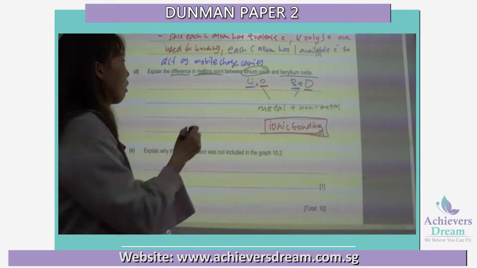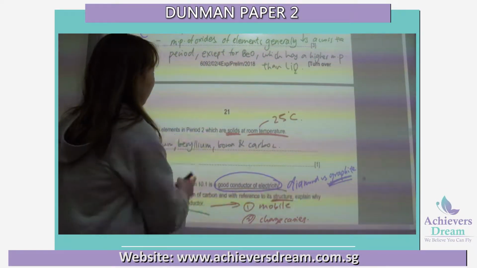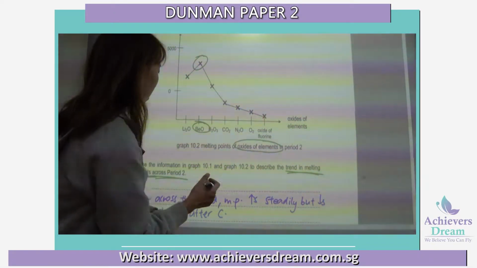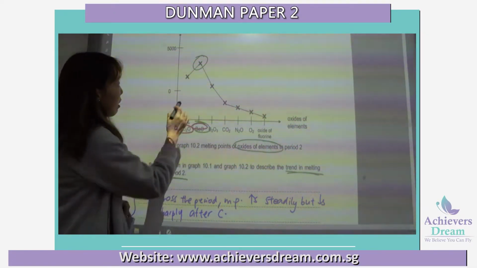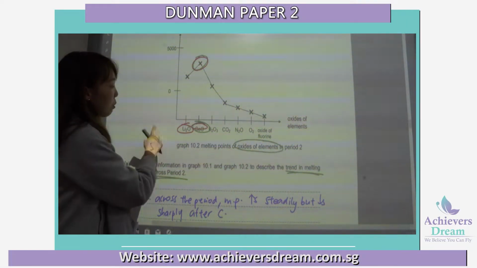How do I compare the melting point? So again, from the graph, right? So now let's look at the graph 10.2. Lithium oxide and beryllium oxide. Beryllium oxide has a higher melting point as compared to lithium oxide.